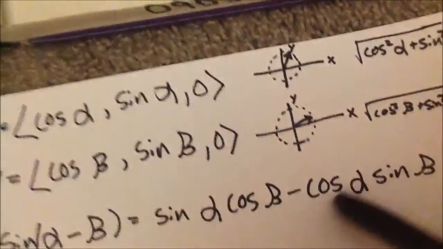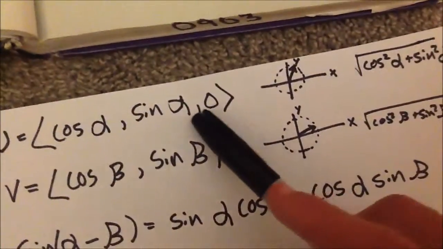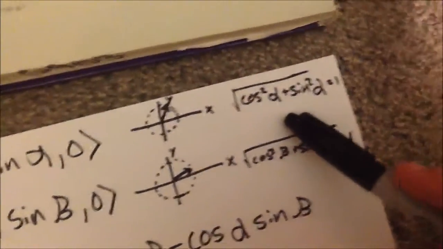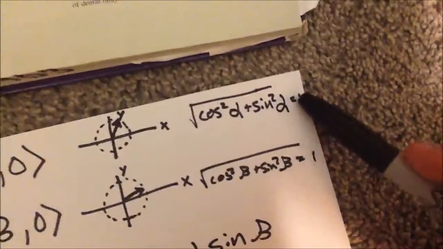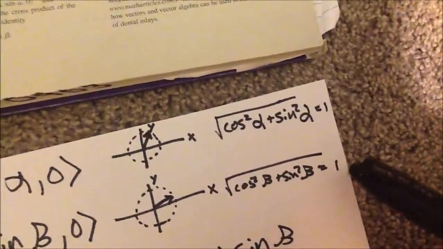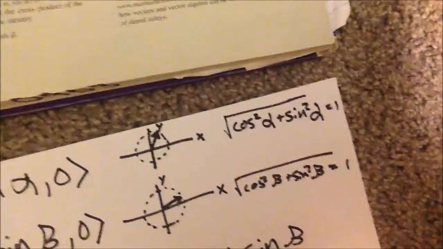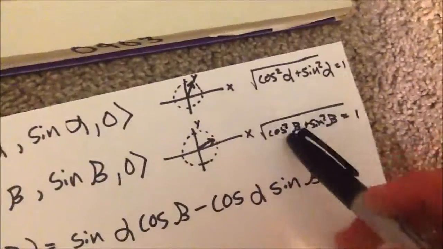Obviously, we don't know where that vector is pointing, but we do know it's going to be a unit long because of the radical cosine squared plus sine squared equals 1. We know that because of the trig identity that cosine squared of theta plus sine squared of theta equals 1, and the square root of 1 is just 1. So that can be said for both vectors.